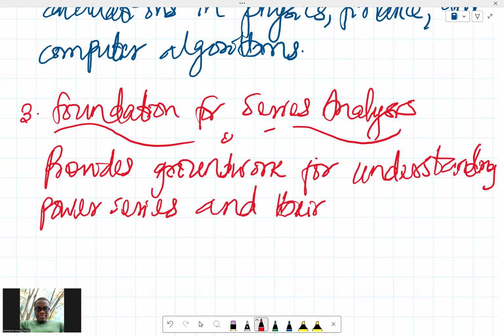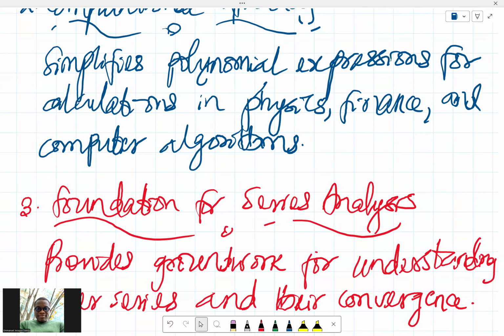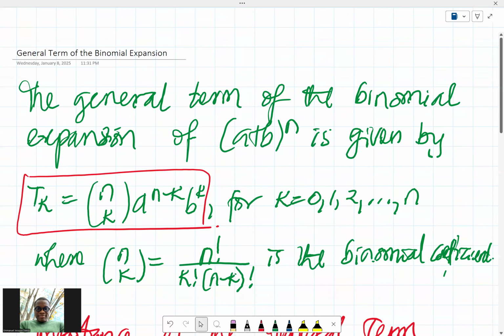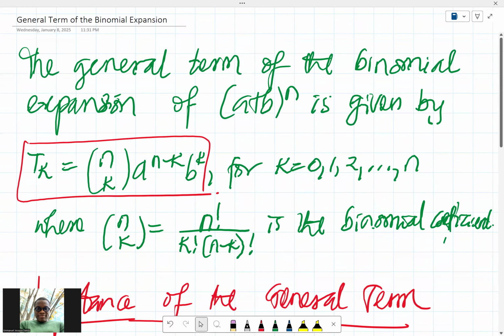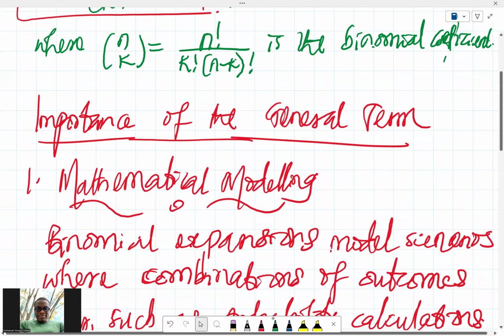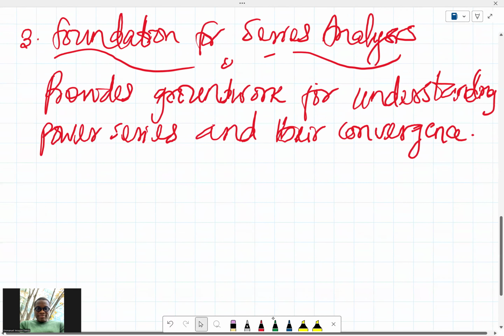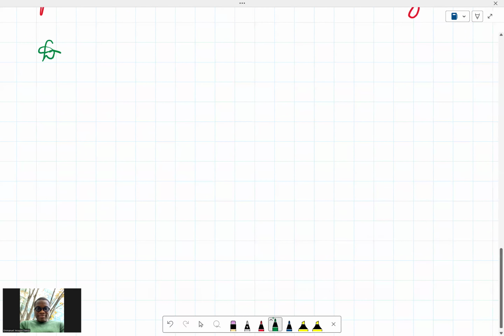All right, to drive the point home, can we take some examples? Because our focus particularly now is on this general term. With this, you can do fast calculations by just jumping. Sometimes you don't need everything in an expansion. You just need a specific part of it. So let's look at some examples.